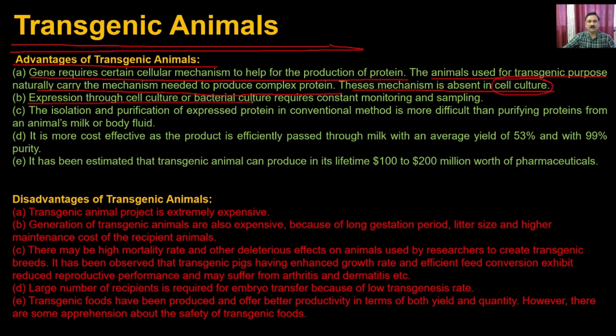Expression through cell culture or bacterial culture requires constant monitoring as well as sampling. For example, if you want to express some protein in bacteria or cell culture, you might have to monitor the growth of that culture, and you might also have to induce the protein production. Whereas that is not required in transgenic animals, because the animal has the machinery to do all that on its own.